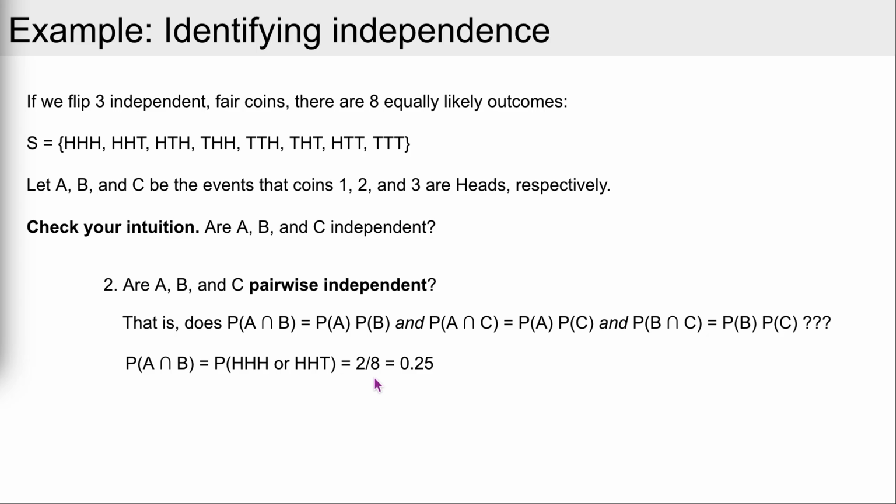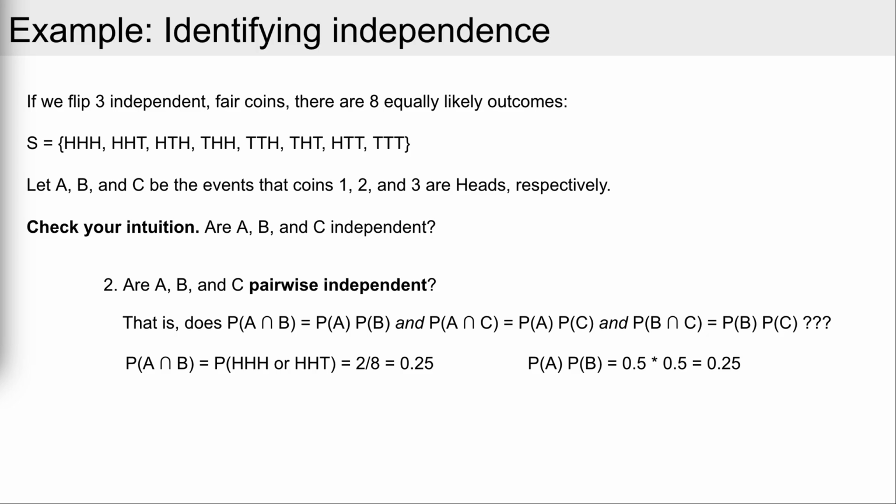Thus, there's a 2 in 8, or 0.25 probability of this happening. Second, since the probability of heads on any individual coin flip is 0.5, the product of the probabilities of A and B is 0.5 squared, or also 0.25. Thus, we've established that events A and B are independent.